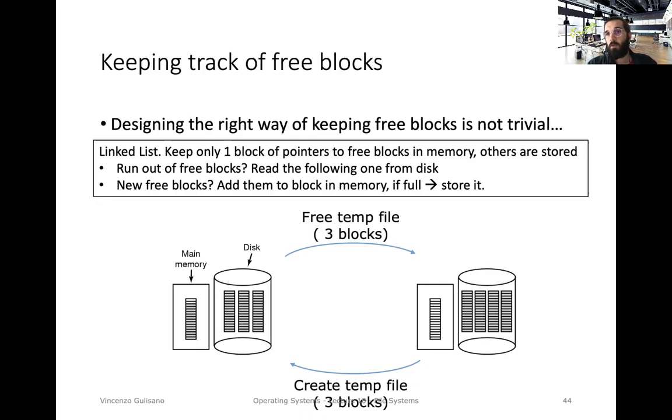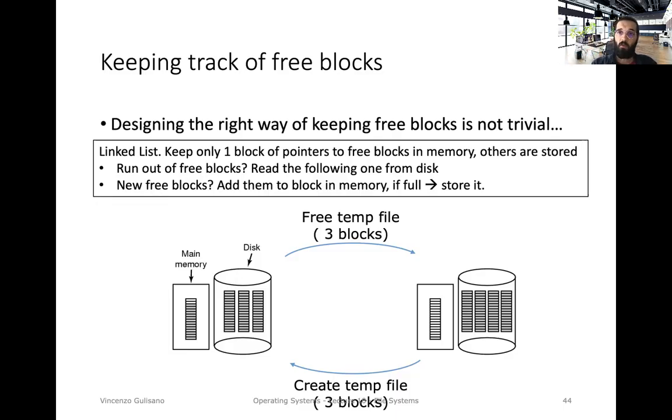You want to keep this free space in this list because you could use it later on. And so you store the free blocks here in these free ones. You exhaust this block, so you write it to disk and you create a new one, and then you keep adding the blocks that are free.